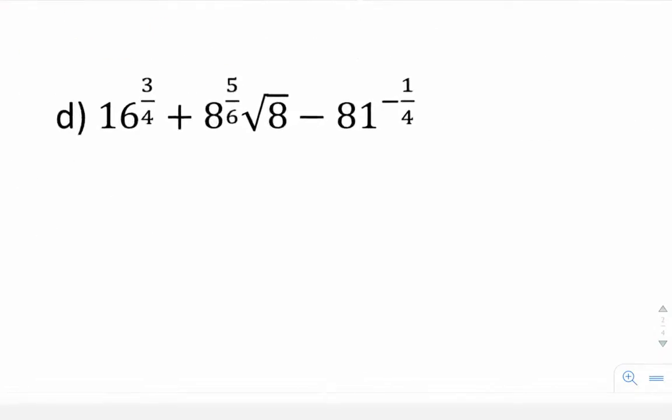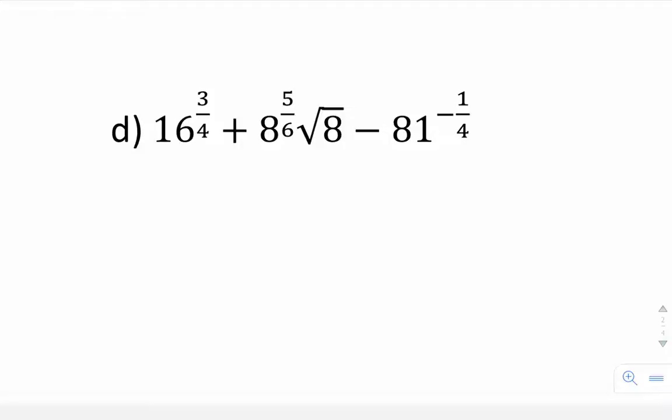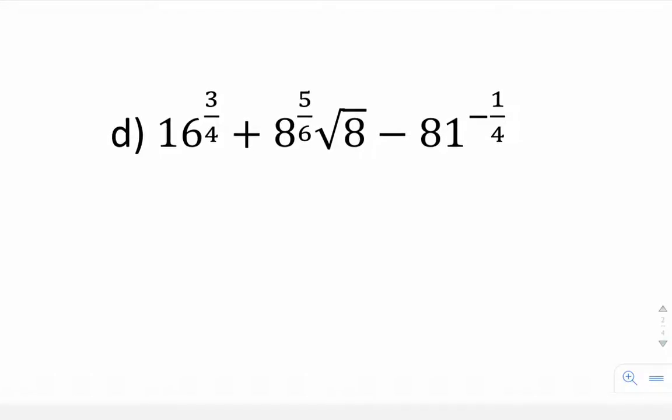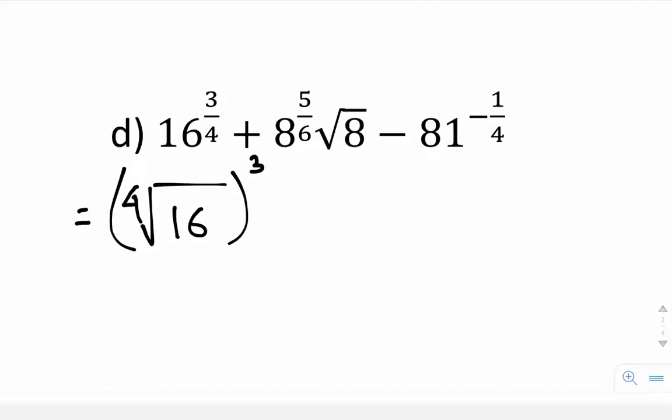Final example, this is a little bit more involved, but not impossible. I'm going to evaluate each term one at a time. So this 16 to the 3/4, I'm going to rewrite as the 4th root of 16 to the exponent 3, plus 8 to the exponent 5 over 6 times 8 to the 1/2.